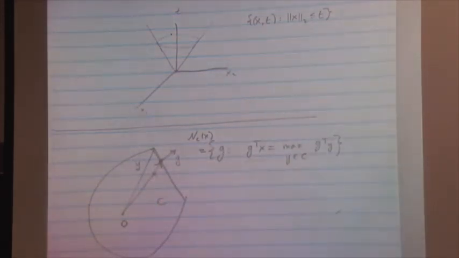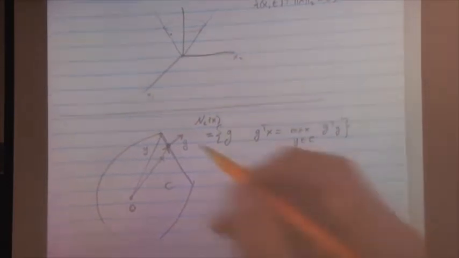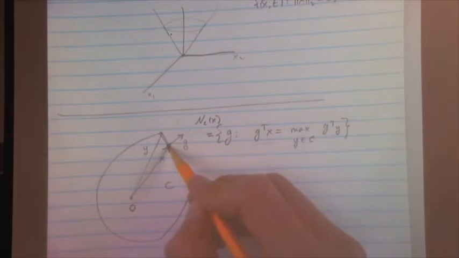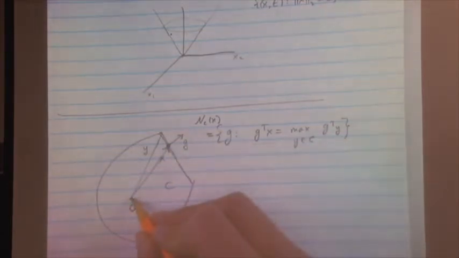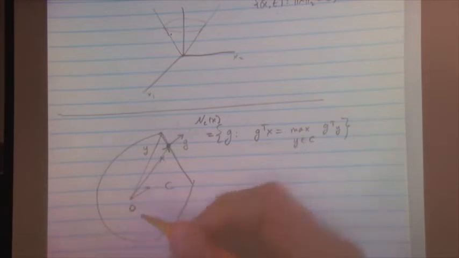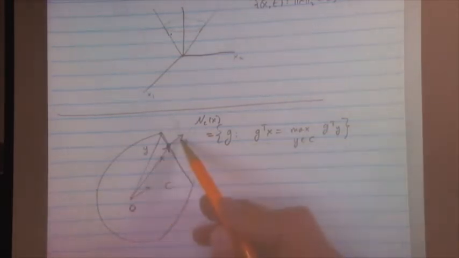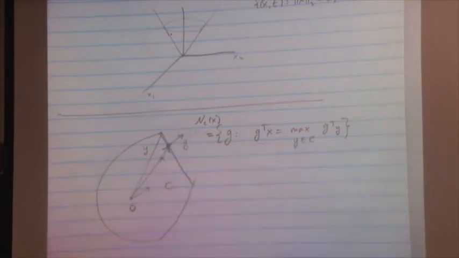Just to be perfectly precise, I'm translating the normal cone so that it starts at the point x. The normal cone is actually defined just as a set of vectors at the origin, but I'm drawing it translated up to start at the point x so you can see it more clearly.